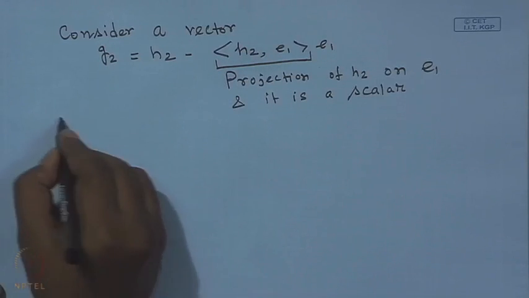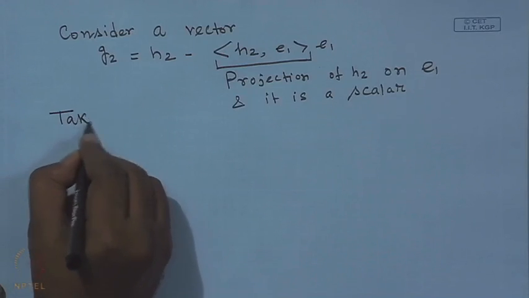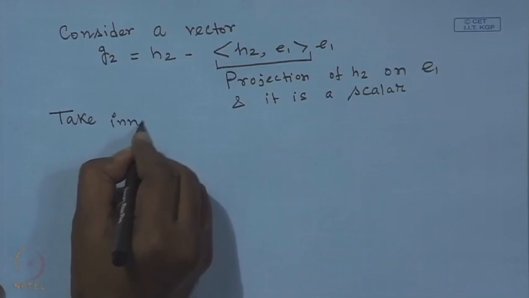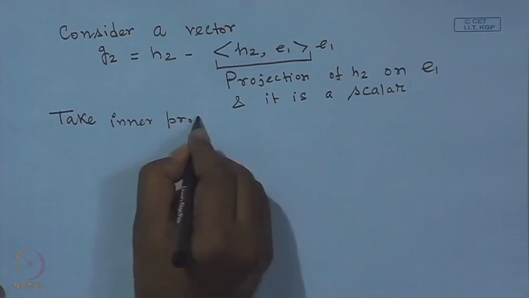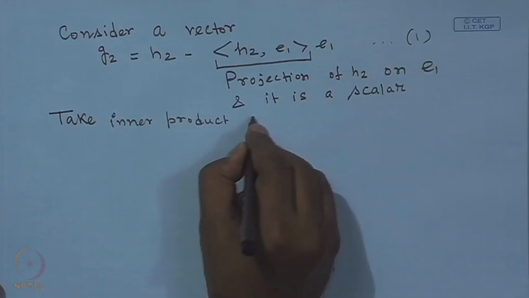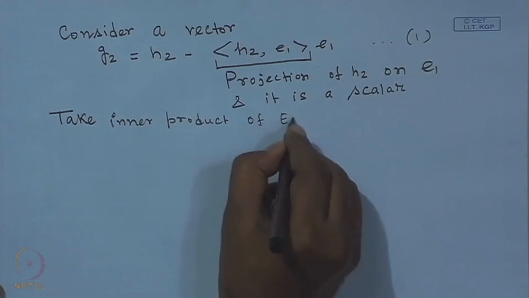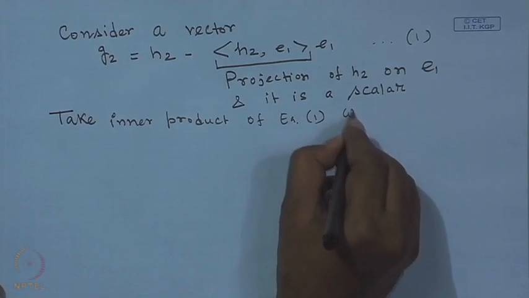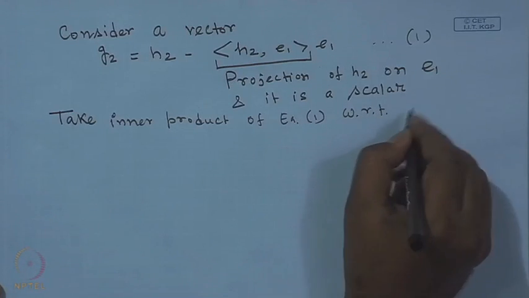Now, what we can do? We take the inner product of this equation with respect to vector E1.